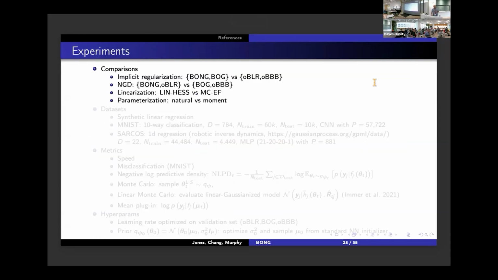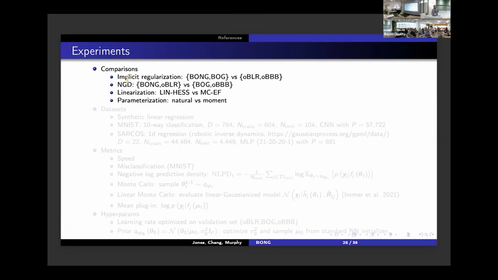what do I want to do here in just 5 minutes? We ran a bunch of experiments to compare the different methods. The most important thing here is to test out the core principles that go into the BONG method. So there's the implicit regularization, which BONG and BOG have, but BLR and BBB don't.